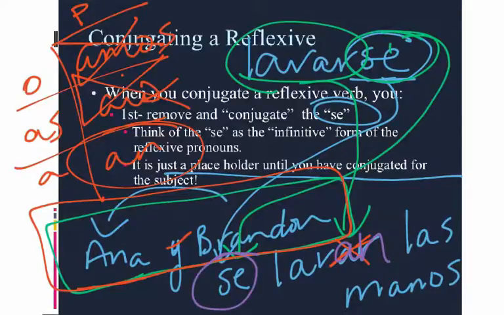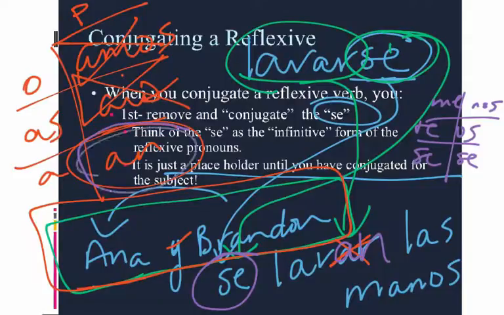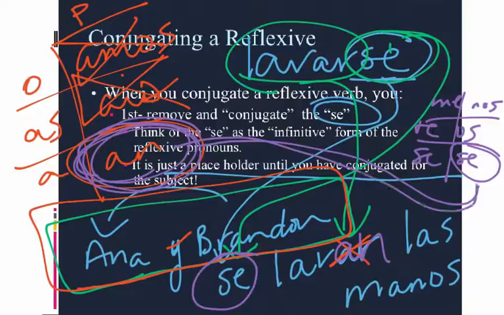So let's look at my reflexive pronoun chart, which is me, te, se, nos, os, and se. The trick here is if I'm using the bottom right of the chart over here, then I'm going to use the bottom right of the chart over here. It's always going to be in the same place for a reflexive verb because this person is doing something to themselves.